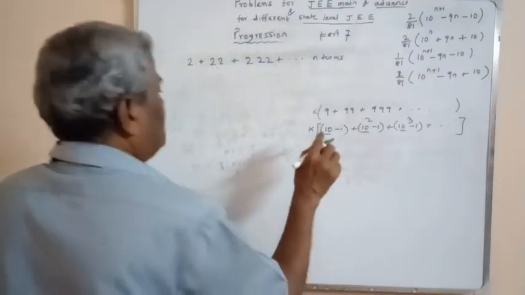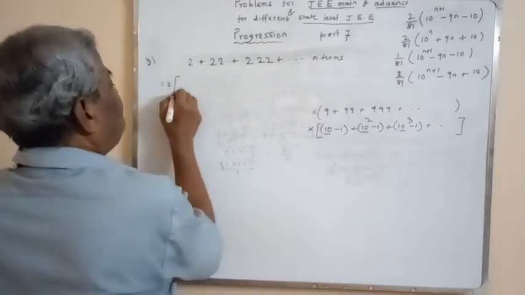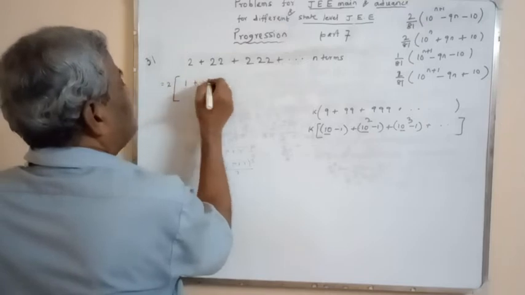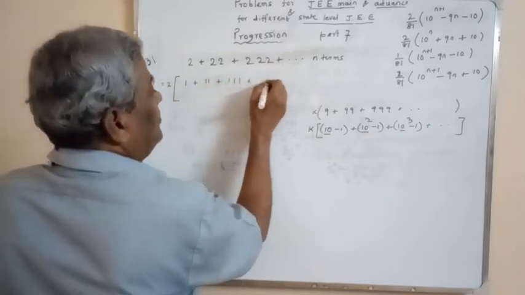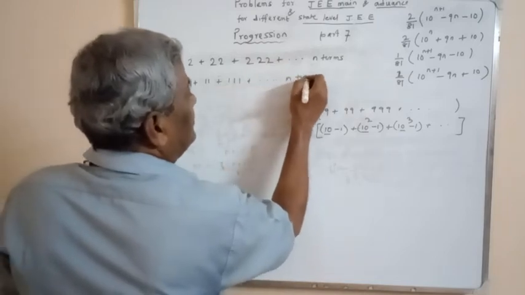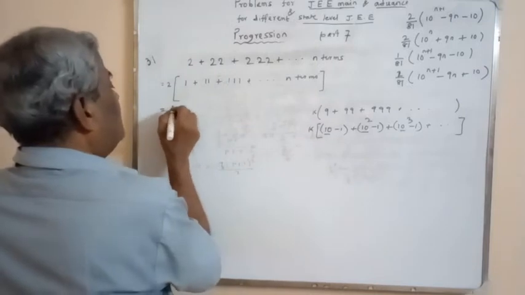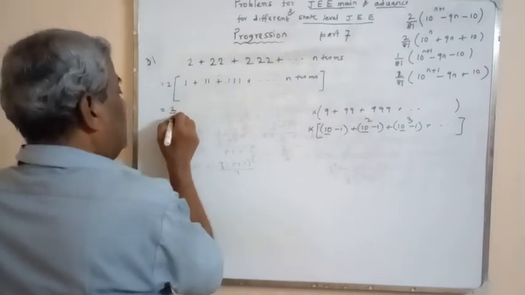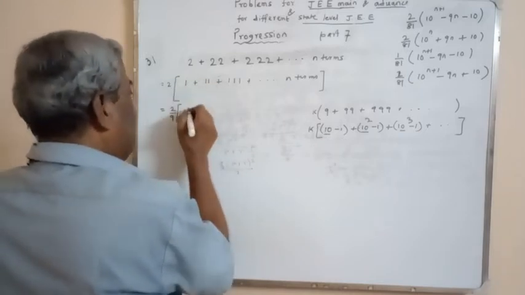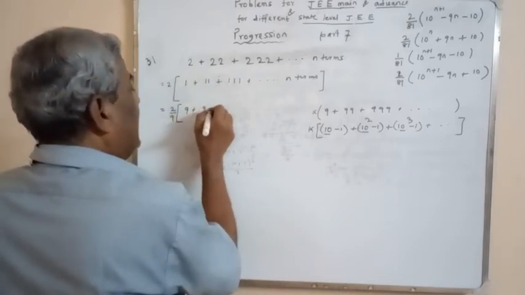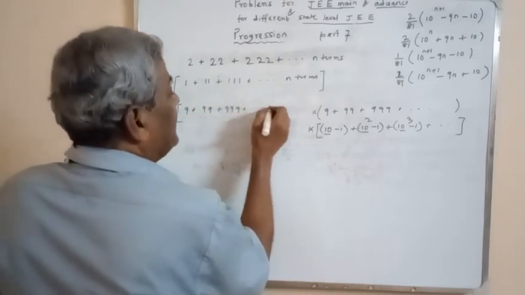So for that purpose, let us take 2 common from here: 1 plus 11 plus 111 up to n terms is equal to 2 by 9 into, now multiplying by 9 here, 9 plus 99 plus 999 up to n terms.